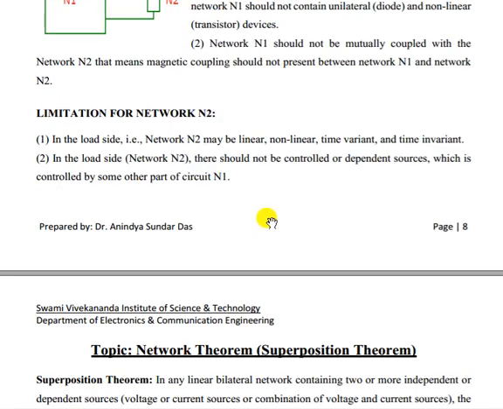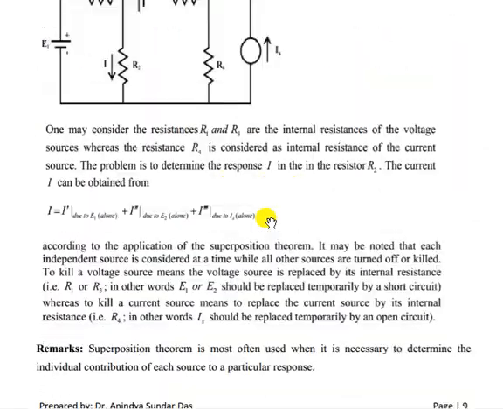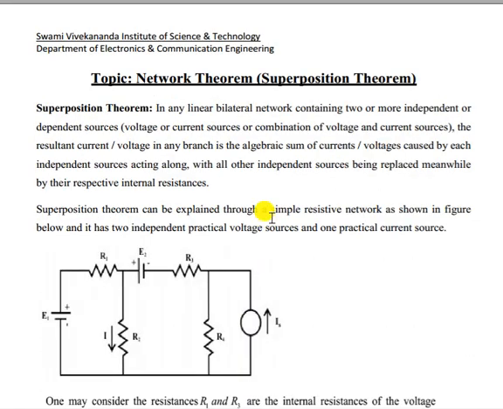Okay. Now, let us concentrate on another network theorem, that is superposition theorem. In the last lecture, I have told you the point of superposition theorem to solve any one of the problems.